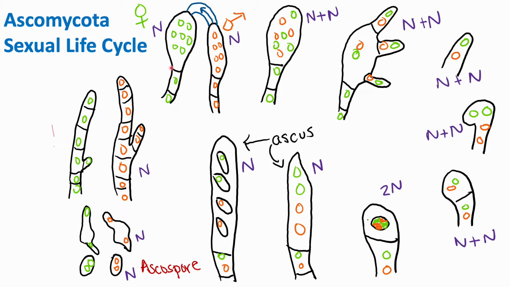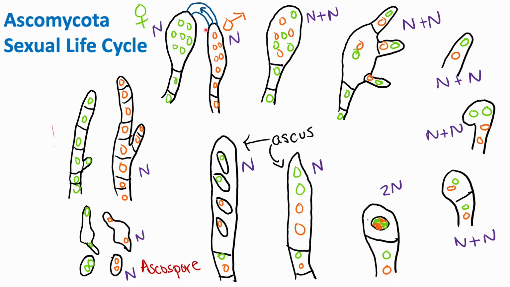Now, the female part will extend out this tube-like structure to the antheridium. This tube-like structure, represented in blue over here, is called the trichogyne. The trichogyne, if we break it down into its root words, tricho means hair, and the gyne part means female. So essentially, we're saying female hair.